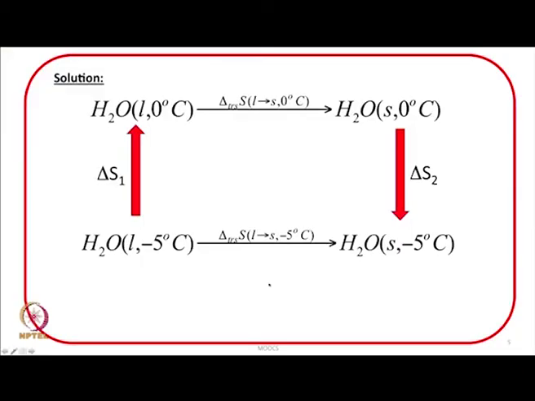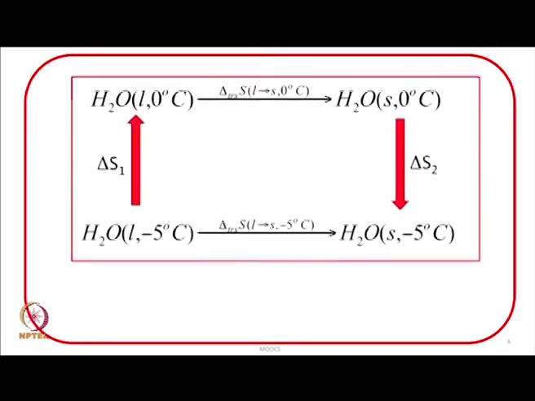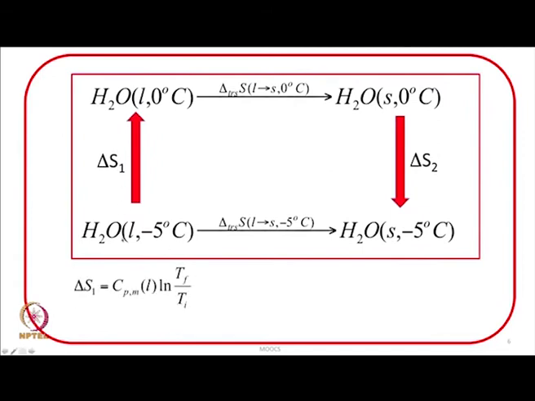So, let us go back to the slide and discuss further. In order to get this delta S for transition from L to S at minus 5 degrees Celsius, I need information on delta S1, I need information on this phase transition which is occurring at 0 degrees Celsius, and I need information on delta S2. For this process, as we just discussed, we can use Cp of liquid into log T final over T initial.